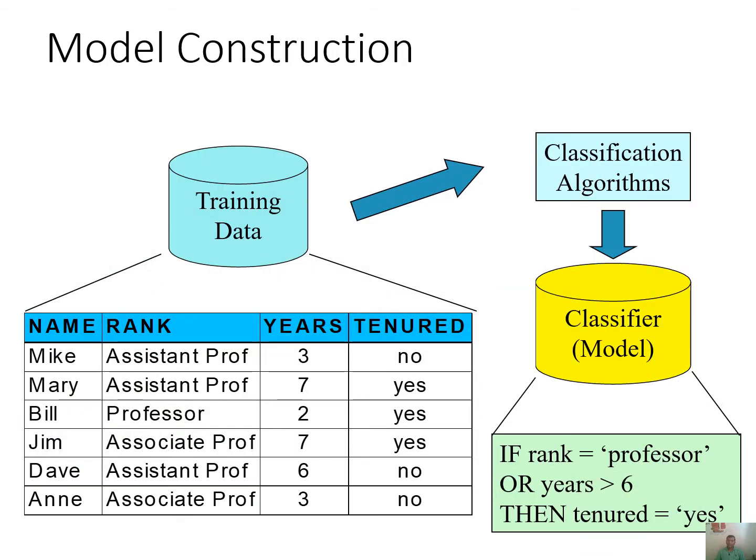So this is the model construction stage. In this stage, we have the classifier, which is a classification algorithm we use for constructing a classifier or a model. To this classification algorithm, we provide training data, shown here as a table provided as an example.